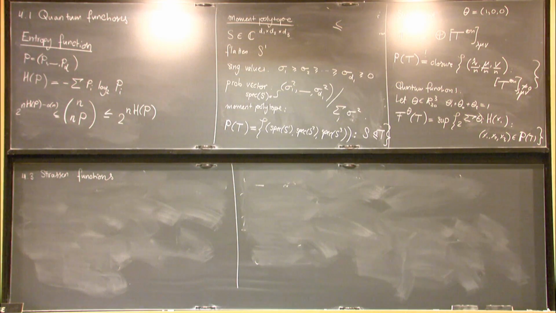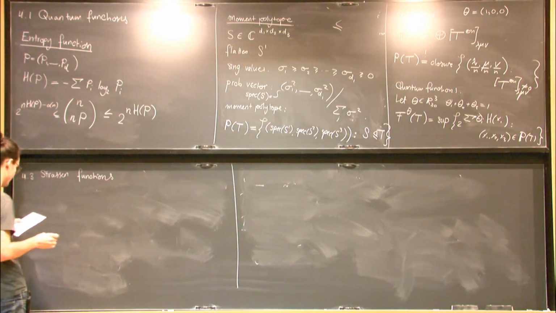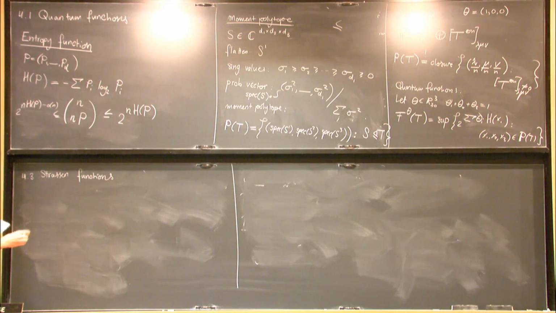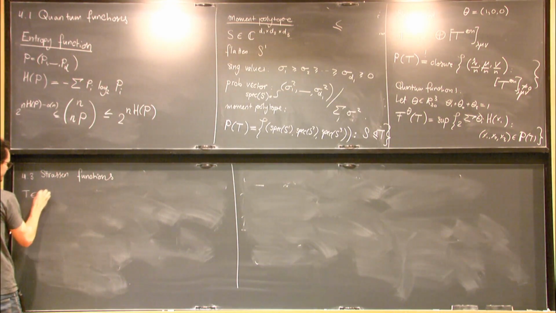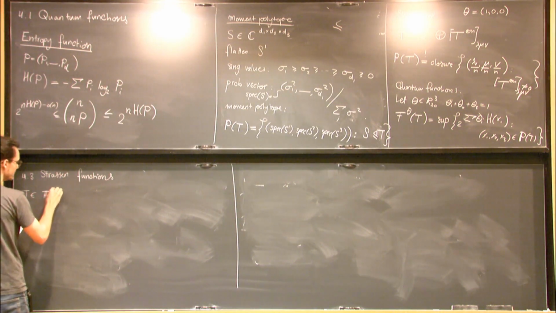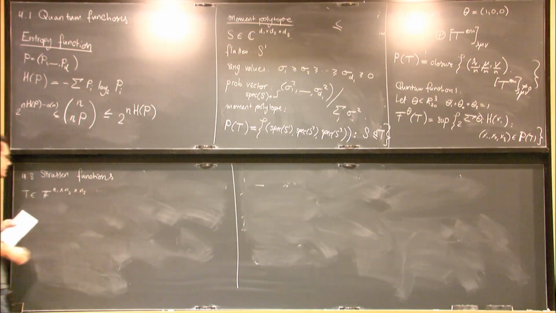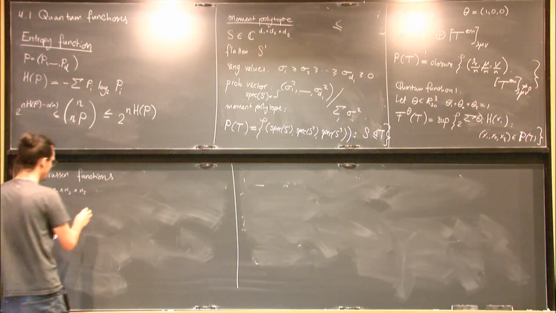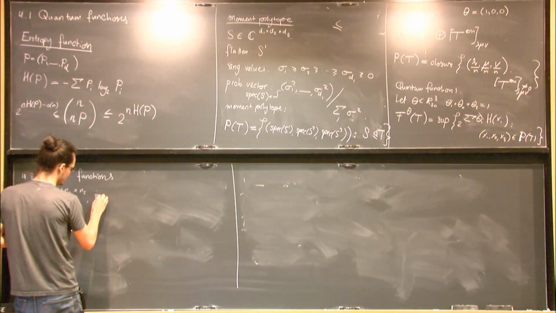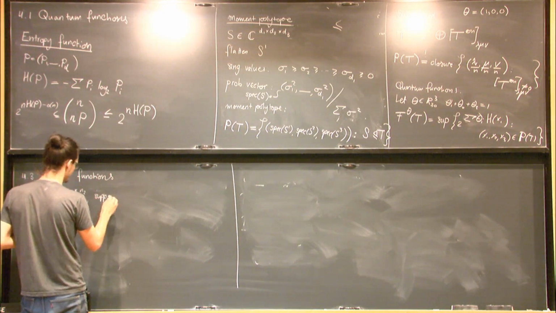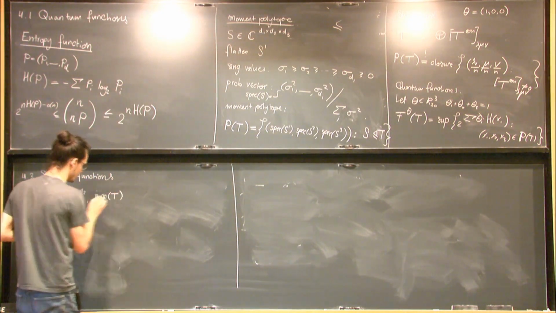Okay. Strassen functions. He calls them upper support functionals, by the way. We start with a tensor T over some arbitrary field of dimension, let's say n1 by n2 by n3. And we're going to talk a lot about the support of this tensor.